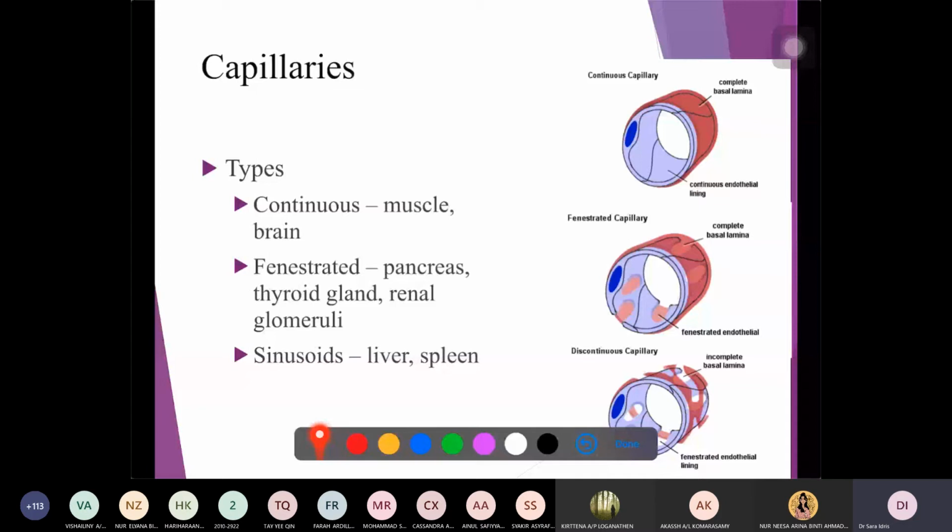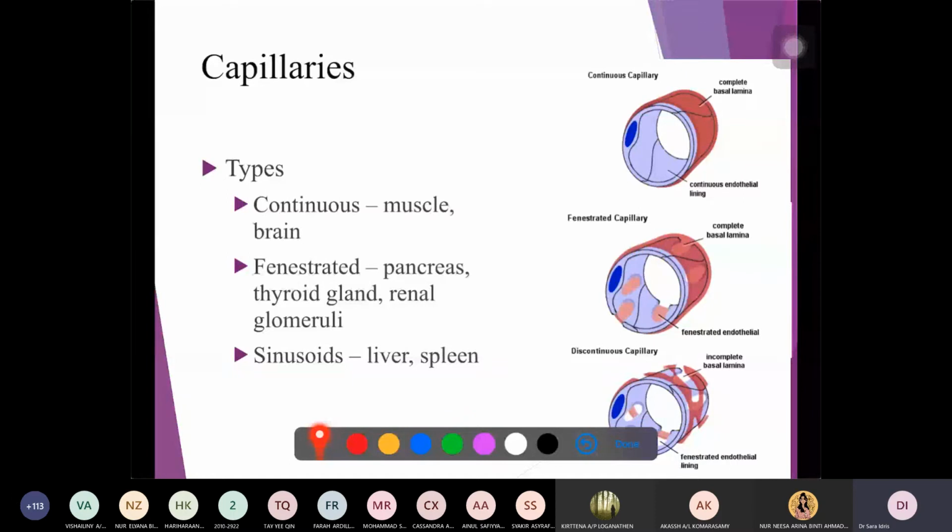In fenestrated capillaries, the middle picture there, you can find them in the pancreas, thyroid gland, and renal glomeruli. In fenestrated capillaries, a certain kind of filtration occurs, where bigger molecules need to go in and out of the capillaries. You have a fenestrated endothelium, meaning you have some holes in your endothelium, but the basal lamina is complete.